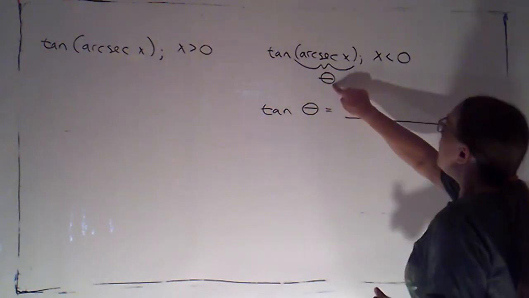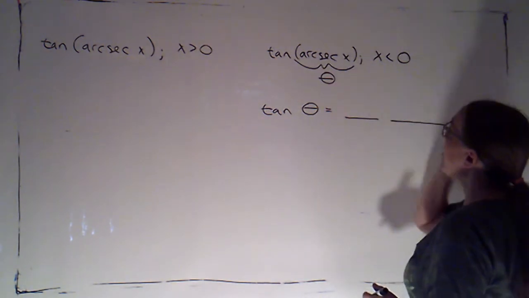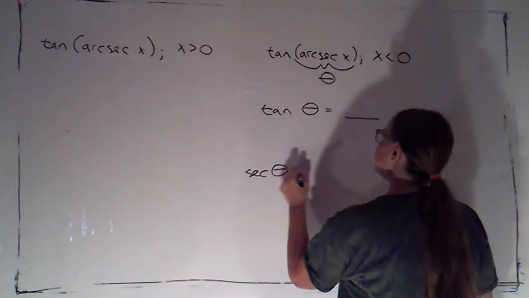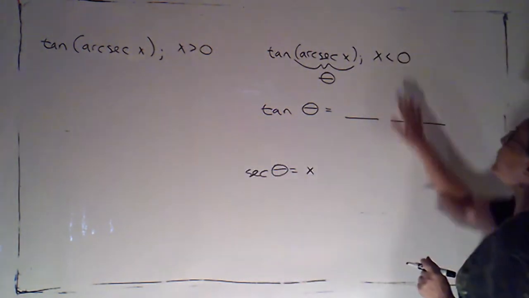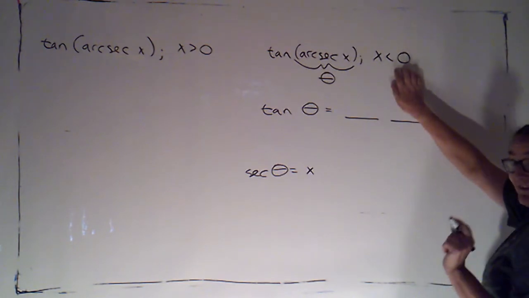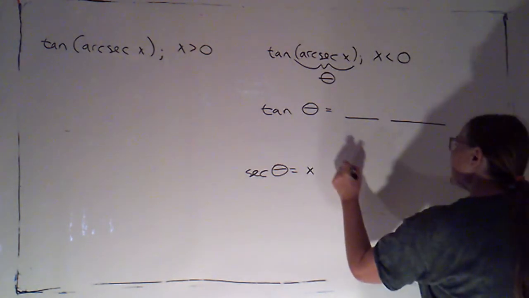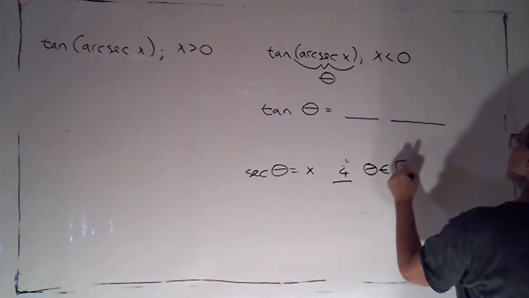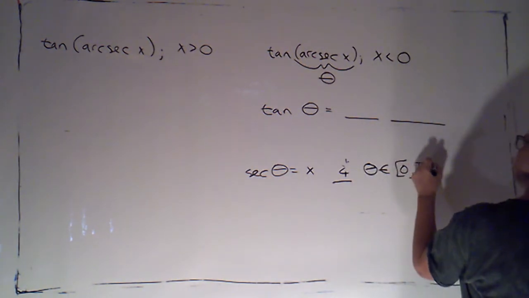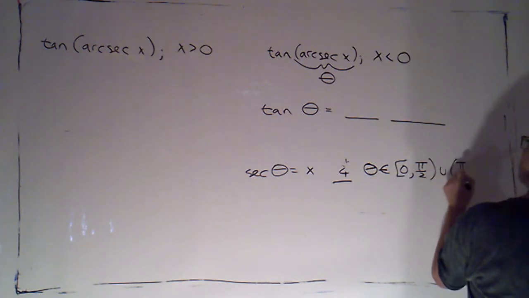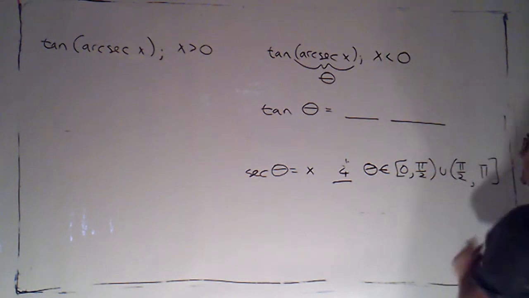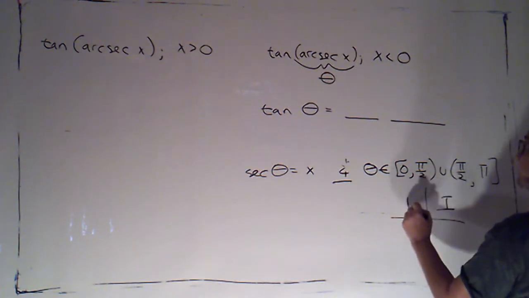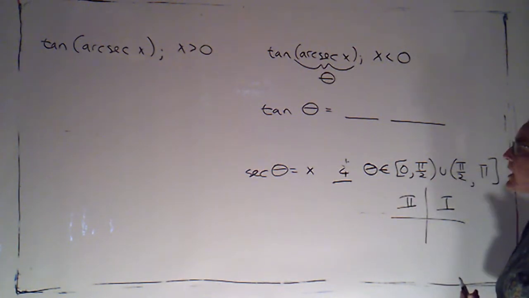With theta, what I know here is that secant of theta is equal to x, which happens to be a negative number for this problem, and theta has to be in the interval from 0 to pi over 2 union pi over 2 to pi. That, of course, corresponds to either quadrants 1 or 2.